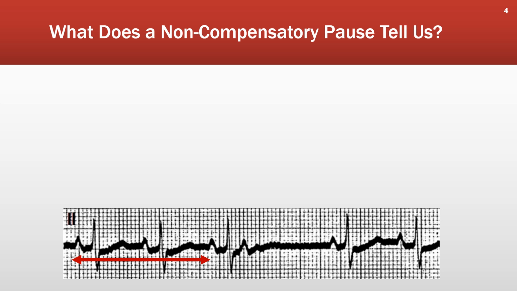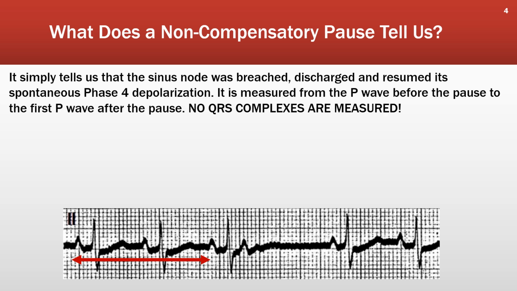Okay, so what does a non-compensatory pause tell us? Well, it simply tells us that the sinus node was indeed breached, it was discharged, and then it resumed its spontaneous phase 4 depolarization. Now, the non-compensatory pause, like a compensatory pause, is measured from the P wave before the pause to the first P wave after the pause.